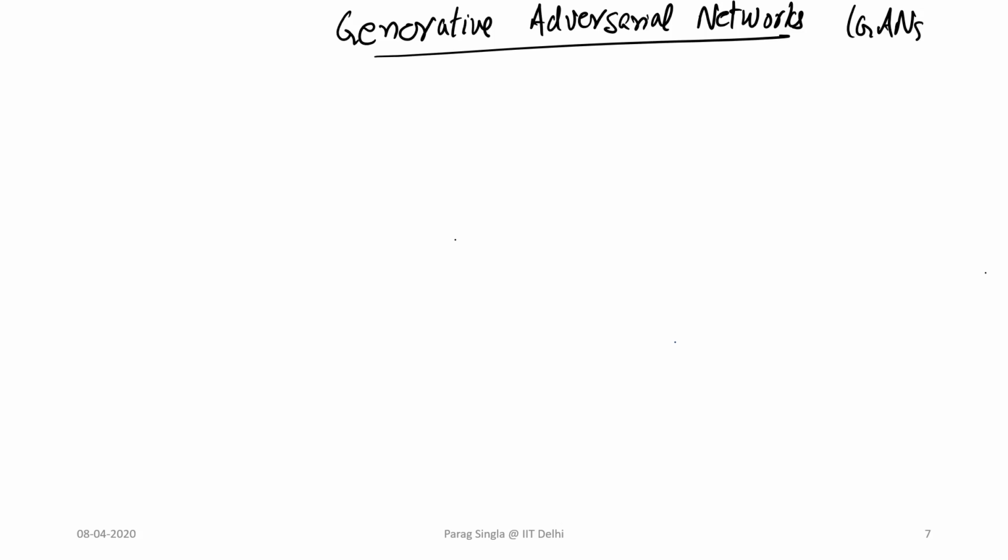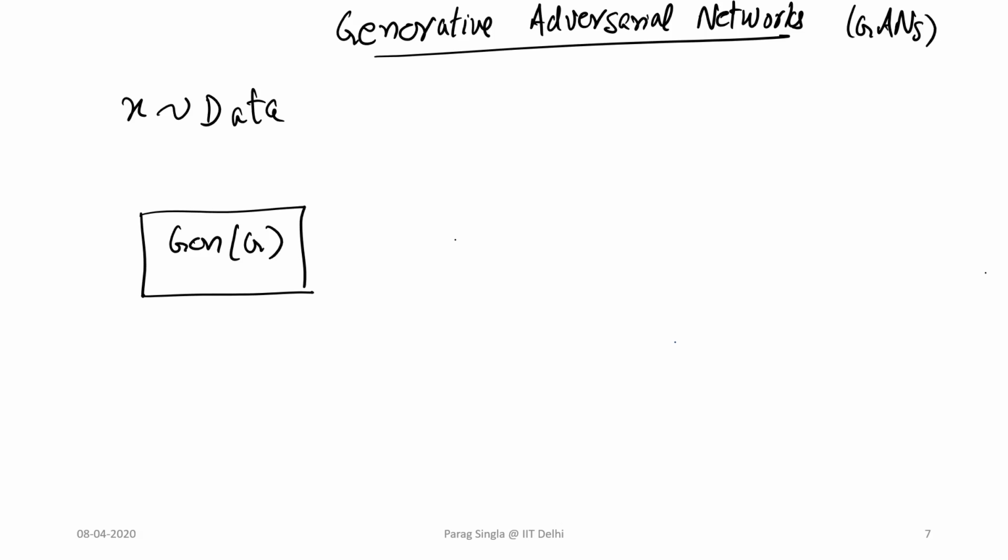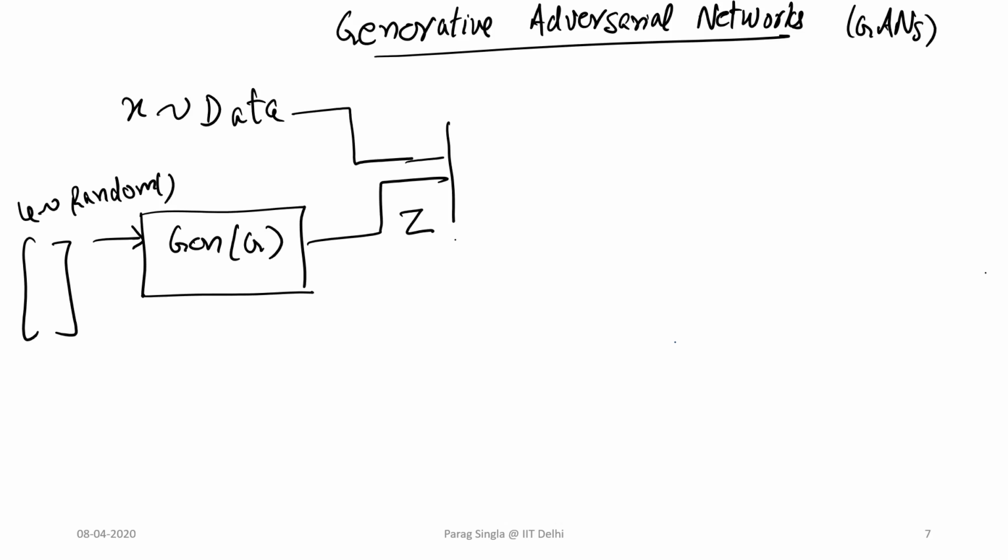Recall that we had looked at the basic architecture of these GANs, which play an adversarial game where there is a generator network G, which takes as input a random vector and produces an output which is referred to as z, and feeds this z into a discriminator network, whose goal is essentially to discriminate between these z's produced by the generator network and x's which are being sampled from some underlying set of data points. The discriminator is like a classifier.